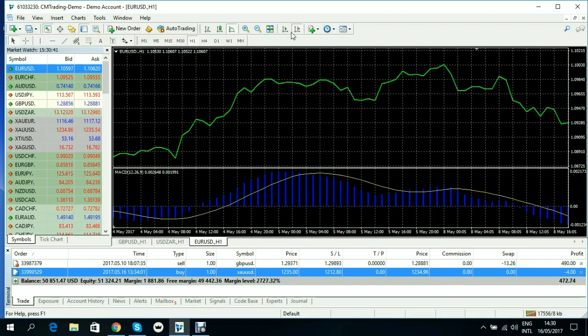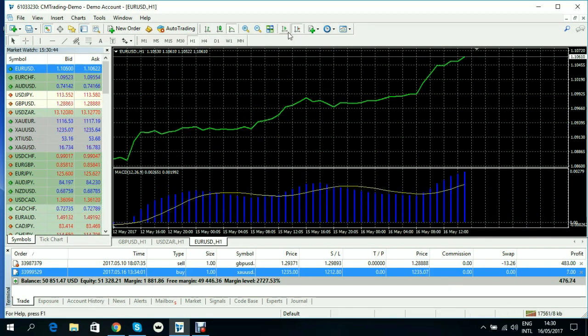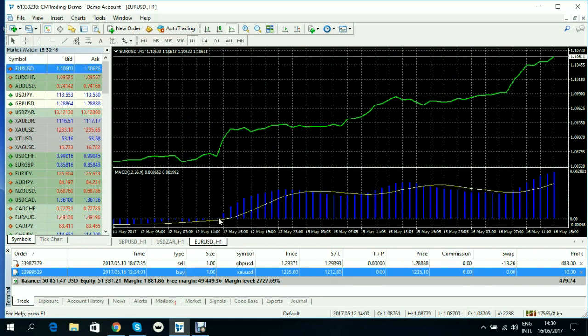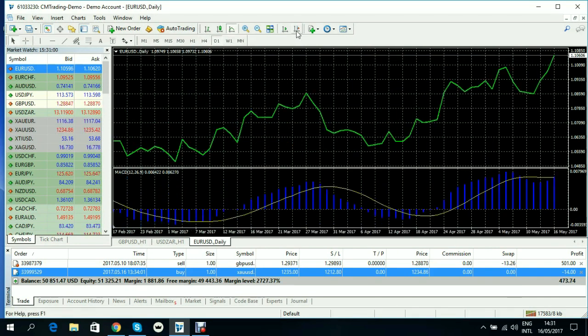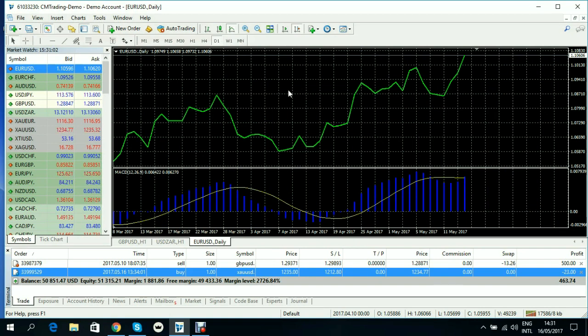So you can start entering your trade from the 1 hour and monitor it through to the 4-hour and daily time frame, if you want to stay in the market for long or are placing a long trade. Like I said earlier, it all depends on your trading strategy.